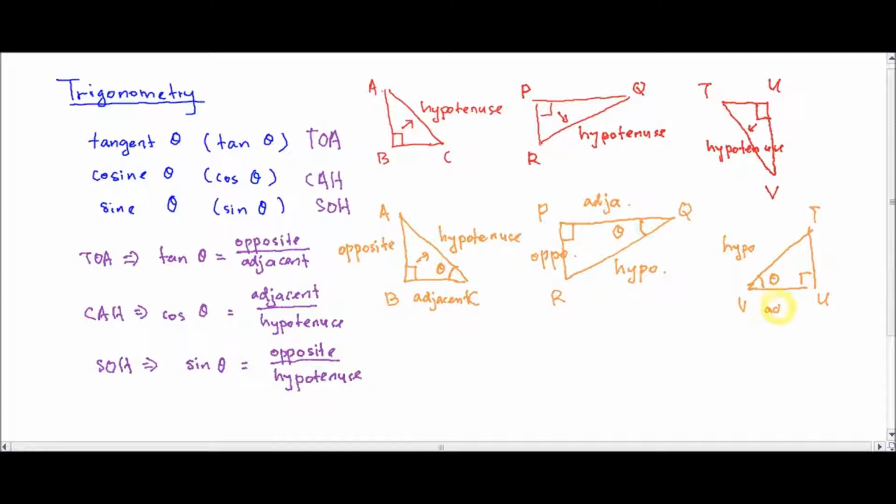So here will be adjacent. Opposite, no problem, right? So the opposite side will be here. Now I hope that you know well how to determine the adjacent side, opposite side, and hypotenuse of a right angle triangle.